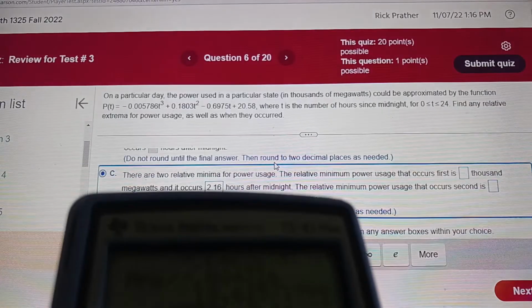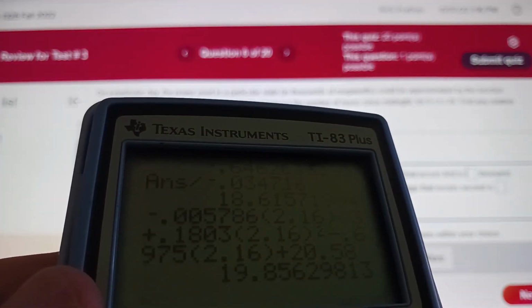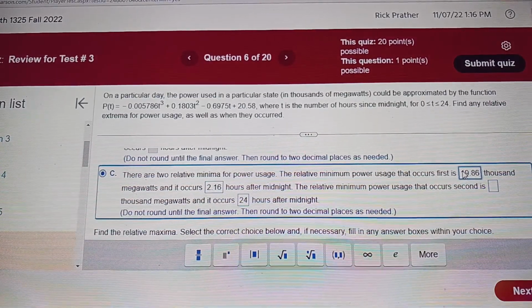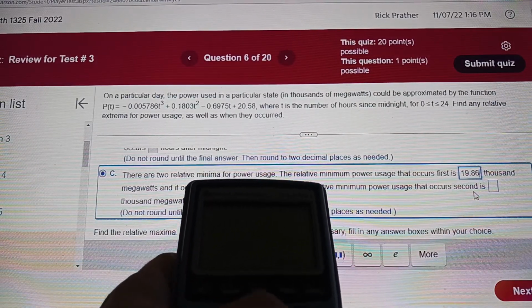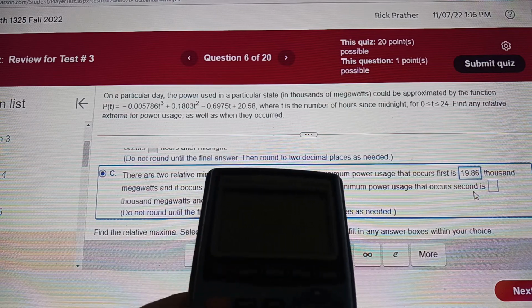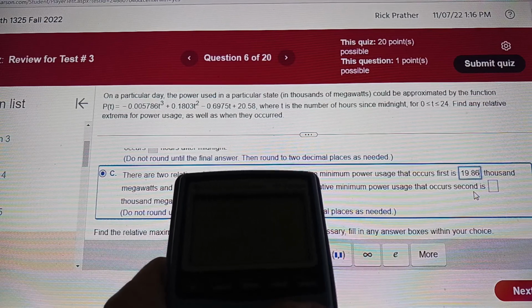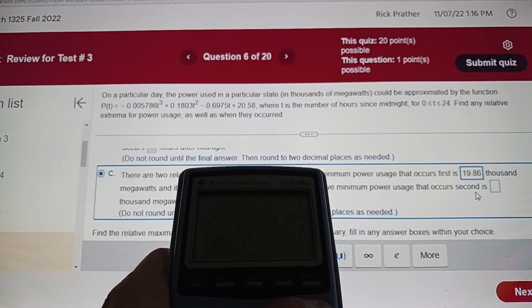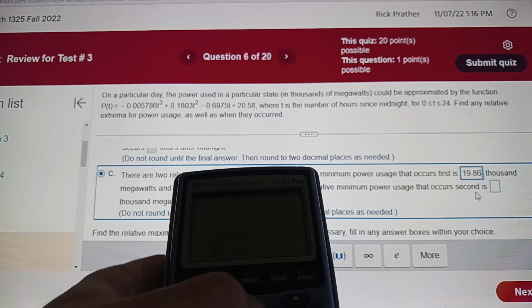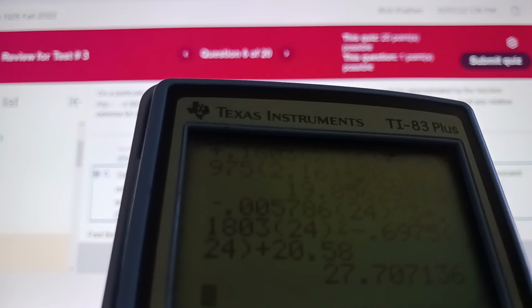So at 2.16 hours after midnight, it's 19.86 for the kilowatts. And then if I redo this with 24s instead of 2.16s, that's 27.71.